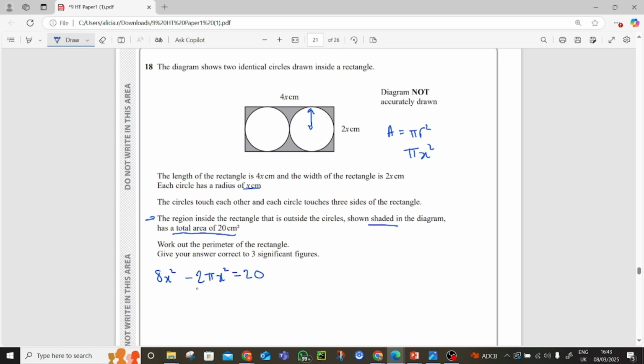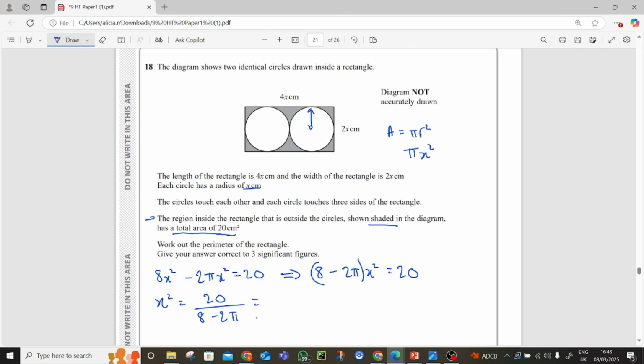Now to solve this equation, it's actually not too tricky when you notice that 8 and 2 pi are just numbers. So what I can actually first do is factorize out x squared from both. So I have 8 minus 2 pi times x squared is equal to 20. Now 8 minus 2 pi is just a number. So I can say that x squared is going to be 20 divided by 8 minus 2 pi.